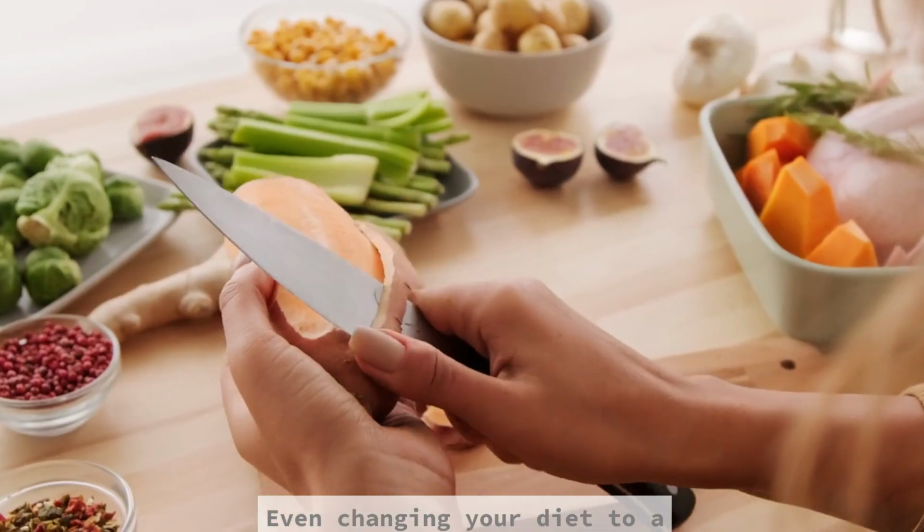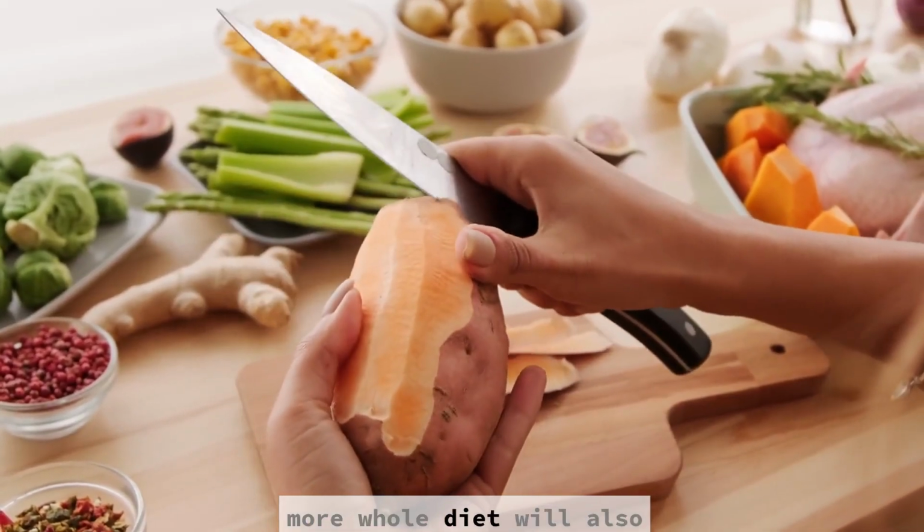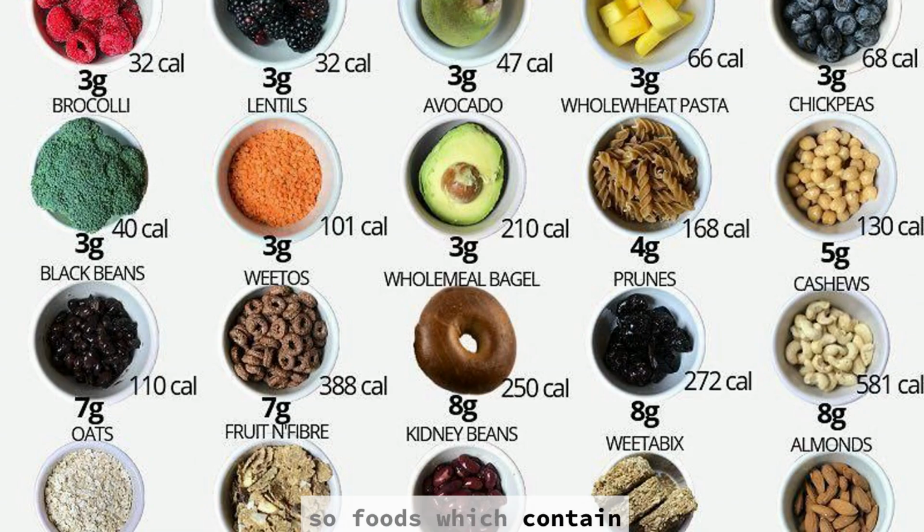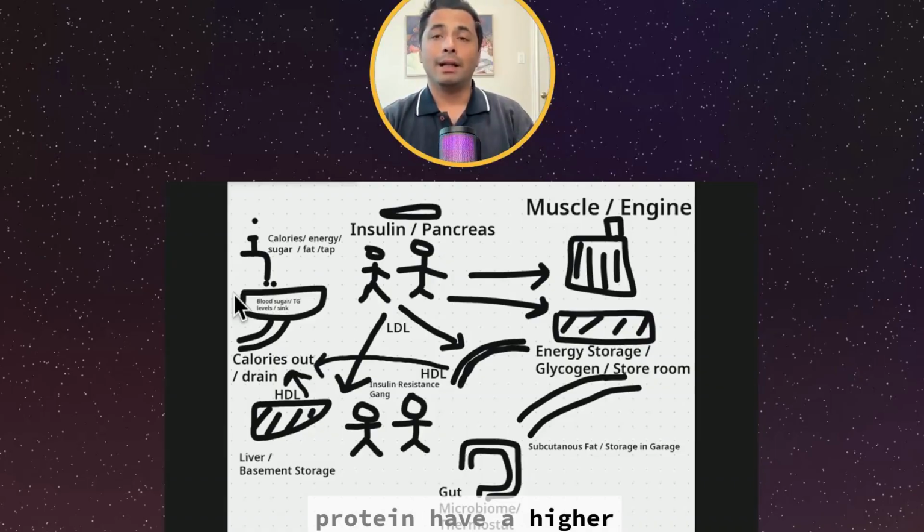Even changing your diet to a more whole diet will also improve that calorie balance, because foods which need to be broken down by your body, so foods which contain more fiber, more food matrix, and more protein, have a higher thermic effect, which means your body has to consume more energy to break down that food.